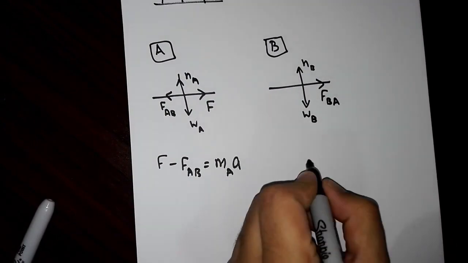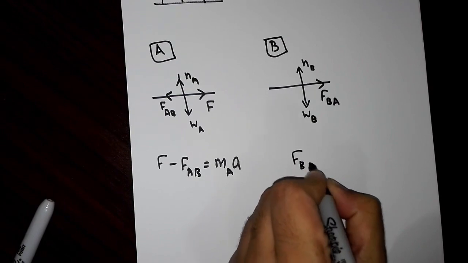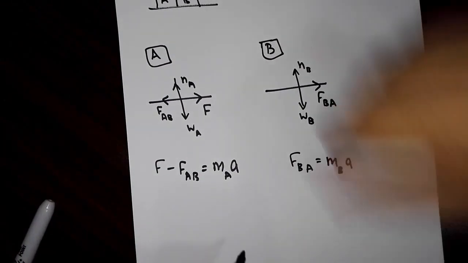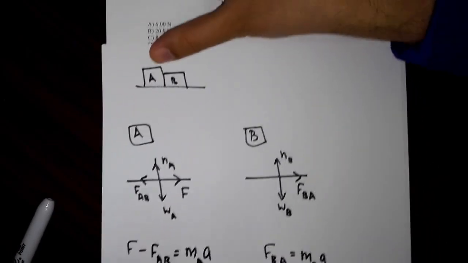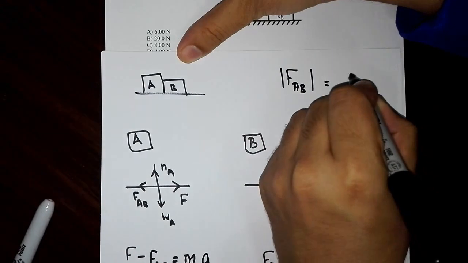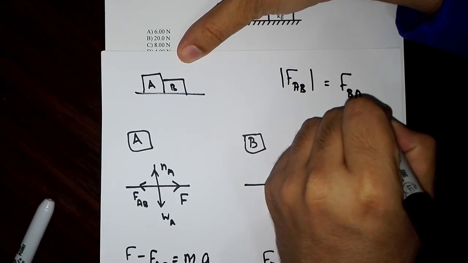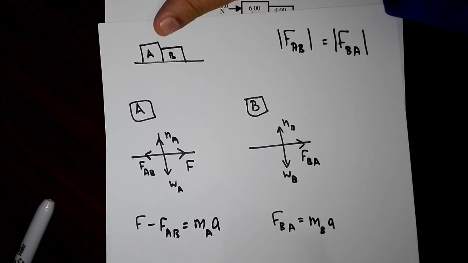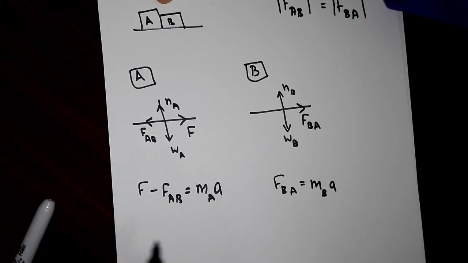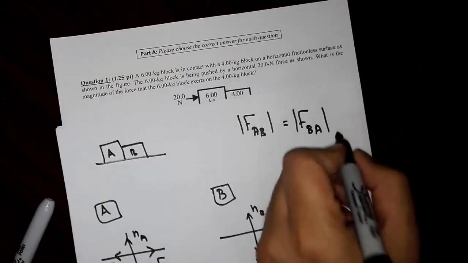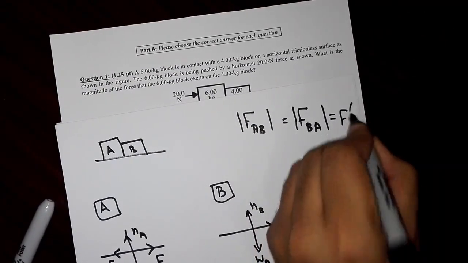And FBA equals MB times A. Now, according to Newton's third law, the magnitude of FAB is equal to the magnitude of FBA. So you can just add these two equations together. If you want, you can call this some F prime.